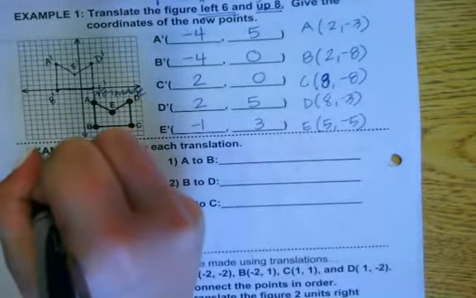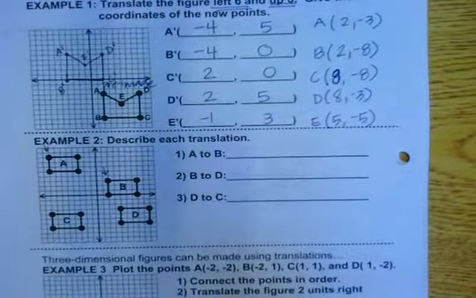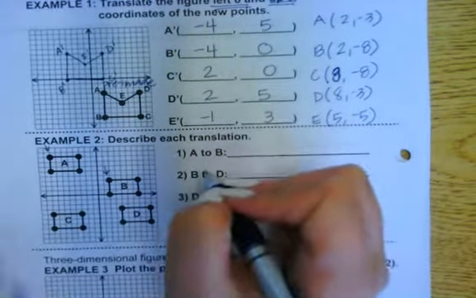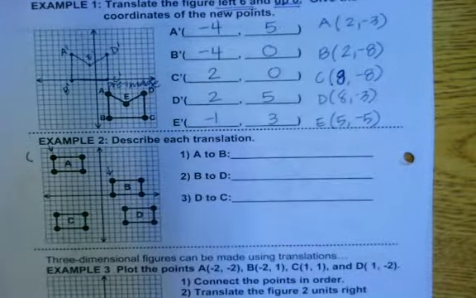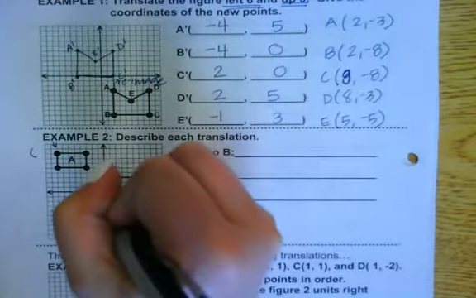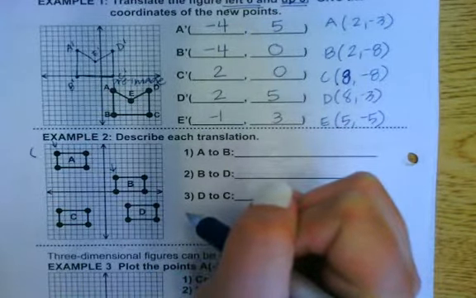So if I'm going to pick the upper left, for example, where is the upper left coordinate in A prime? For A prime, what is it? 2, 3. The upper left coordinate? For A?